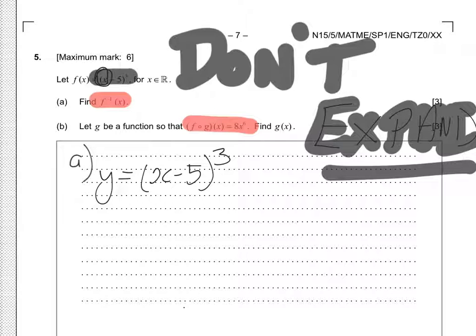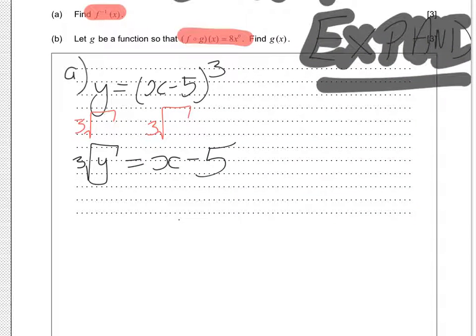How am I going to isolate x? Well, the first thing to undo is the cubing. So undo the cubing by cube rooting both sides, and you get the cube root of y is equal to x minus 5, and then add 5 to both sides, and we've managed to isolate x. x is equal to the cube root of y plus 5.